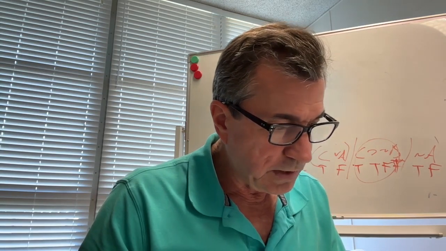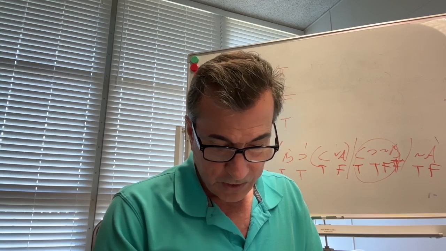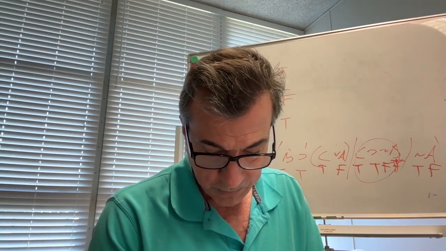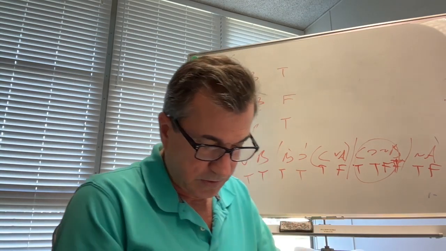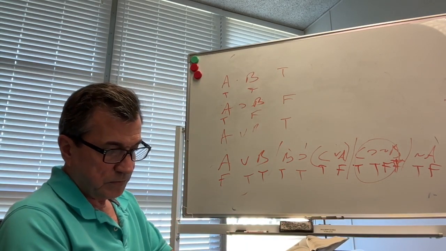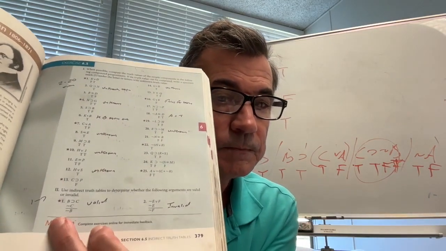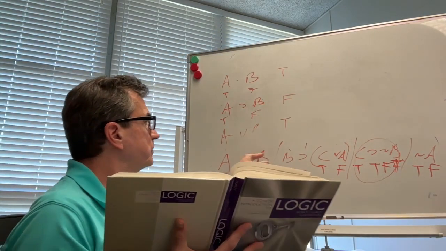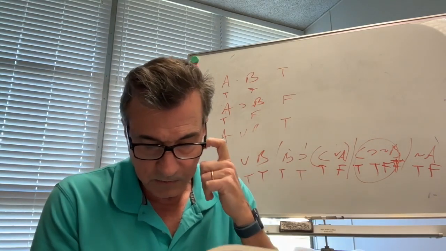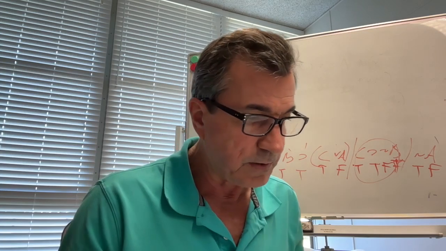And I said 2 through 20 even. Section 2 is you use indirect truth tables to determine whether the following arguments are invalid. So you basically take an argument like on 1, B implies C, then not C, and then not B, right? An argument like that. And you put it into something like that as an argument and do the truth tables to determine whether it's valid or invalid.